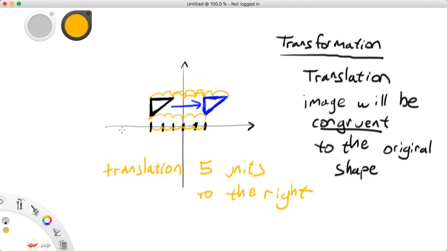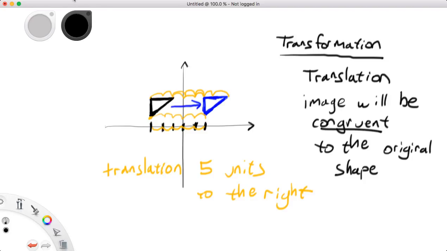So it's a translation 5 units to the right. Okay, 5 units to the right. This is a translation 5 units to the right.